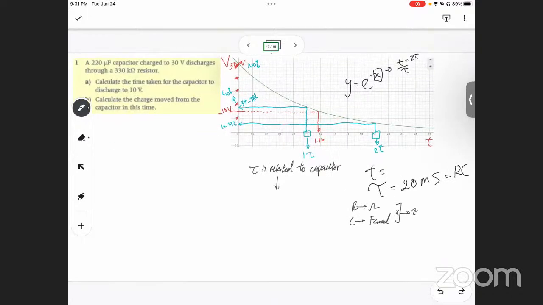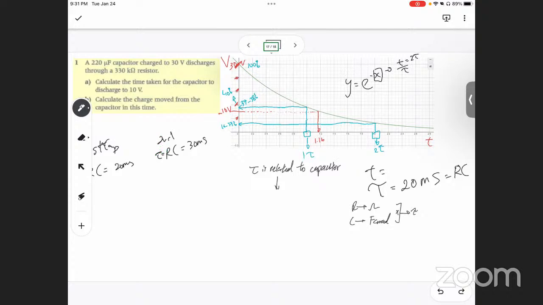If I have two capacitors, the first capacitor, my RC is, I don't know, 20 milliseconds. My second capacitor, my RC is 30 milliseconds. This will be my tau, the tau of the first and the tau of the second.